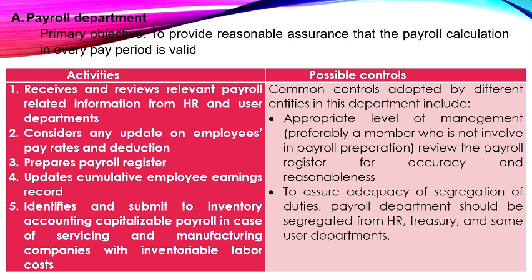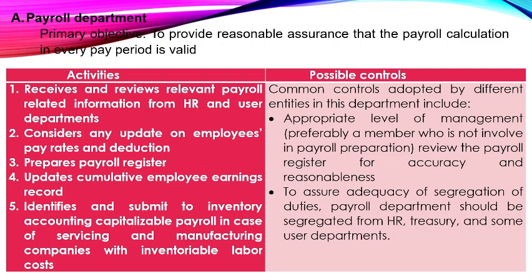The activities that should be done are: receive and review relevant payroll-related information from HR and the users department, consider and update employees' pay rates and deductions, prepare the payroll register, update the cumulative employee earnings record, and identify and submit to inventory accounting the capitalizable payroll in the case of servicing and manufacturing companies with inventorable labor costs.